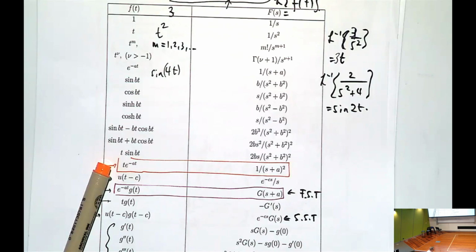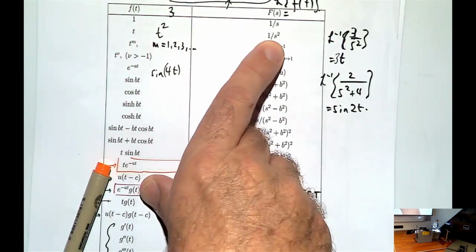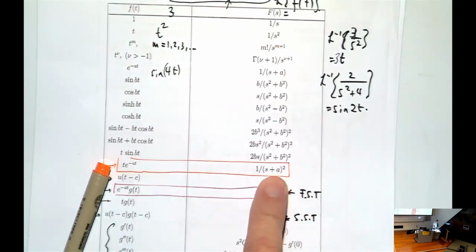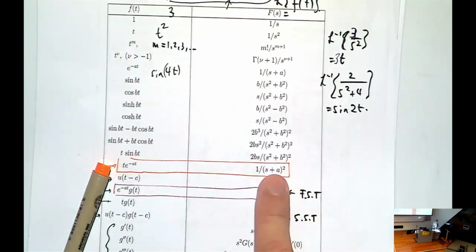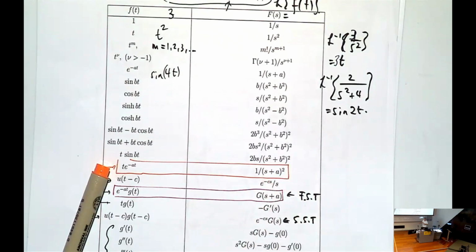1 on s squared. So if we go up to the second row, we go, that's exactly what I want, 1 on s squared. But look here, it's been shifted. Oh my God. It's been shifted a units. Okay?